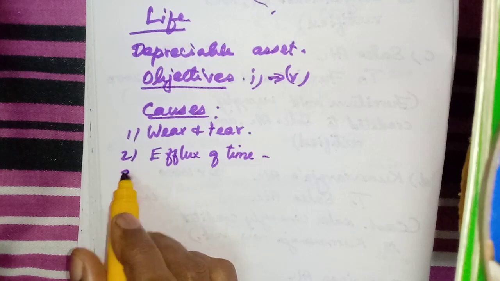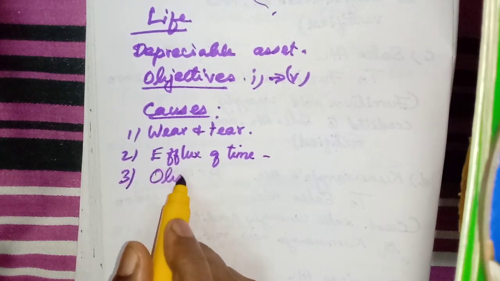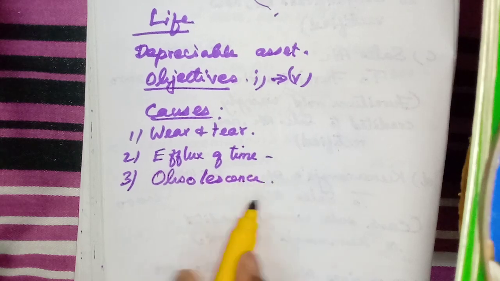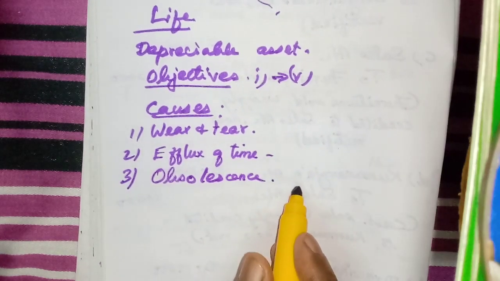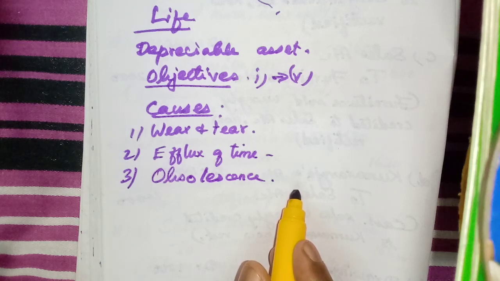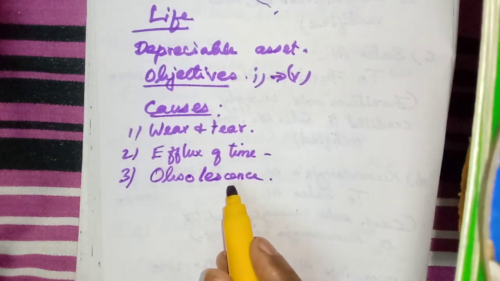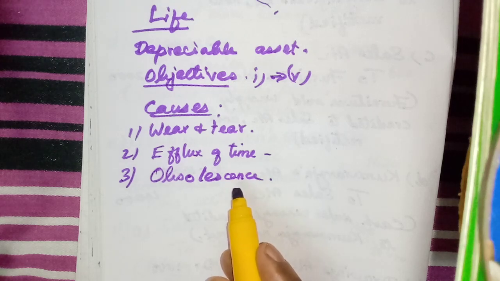Then obsolescence. That means out of fashion, we used to say, isn't it? Because of technological improvements and developments, some of the value of the asset will get reduced because of the introduction of new methods of production or new technologies.